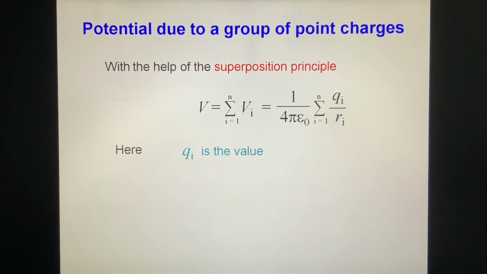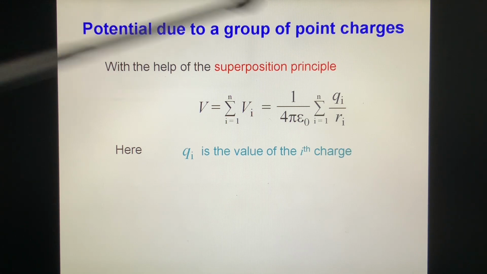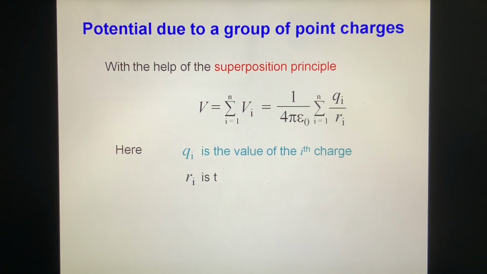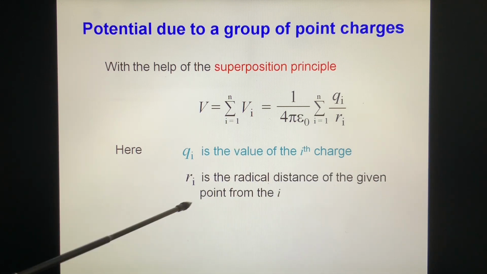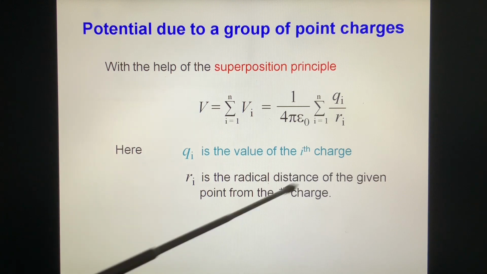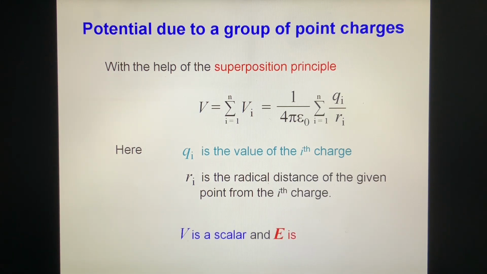Here, Qi is the value of the ith charge, and ri is the radial distance of the given point from the ith charge. V is a scalar, and E is a vector. They're different.